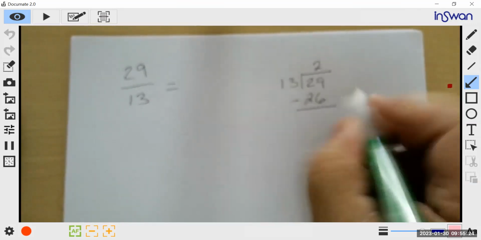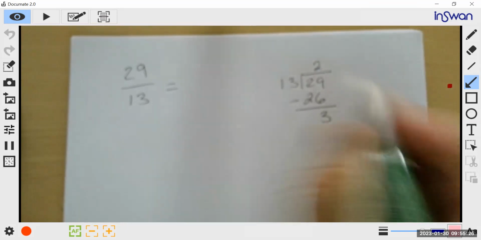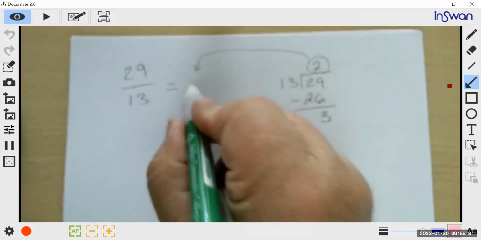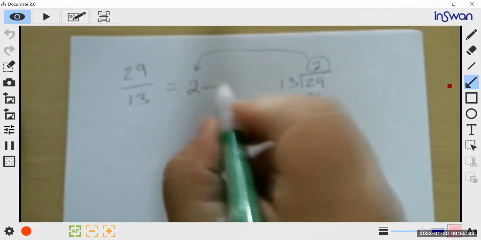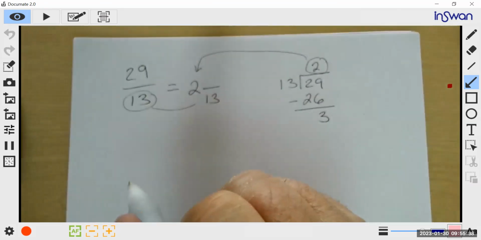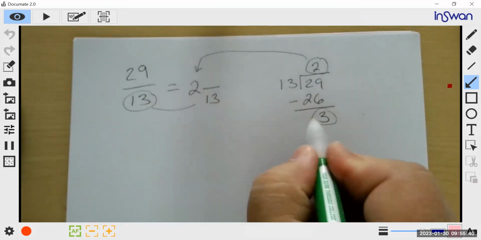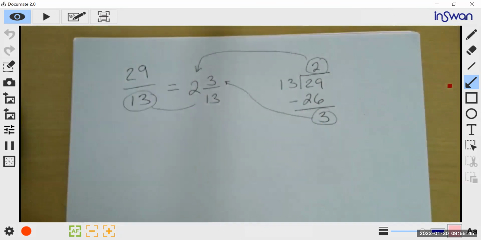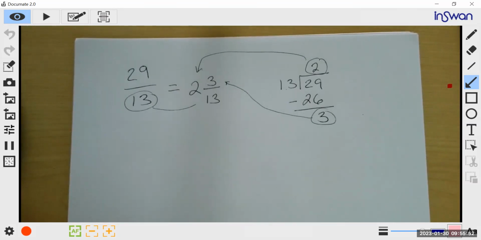Subtract them. 29 minus 26 is 3. Whatever is on top goes in front. This stays on the bottom. And this number goes there. Again, the hardest part is the multiplication. You have to know your multiplication tables, how many times something fits in something else.